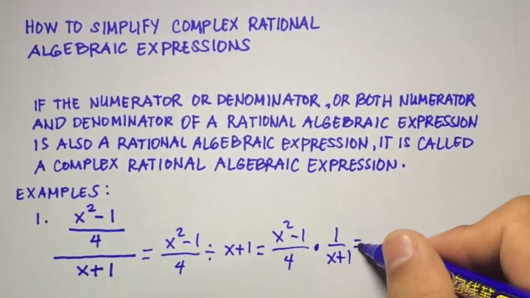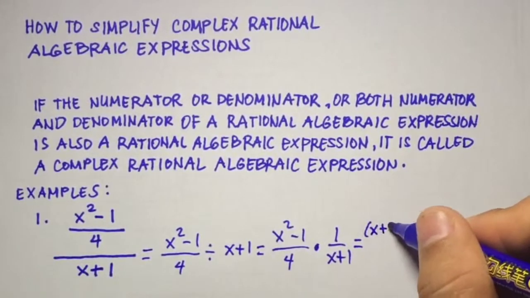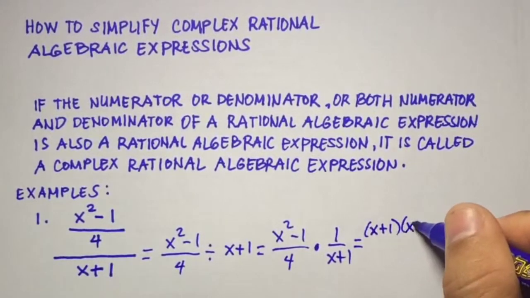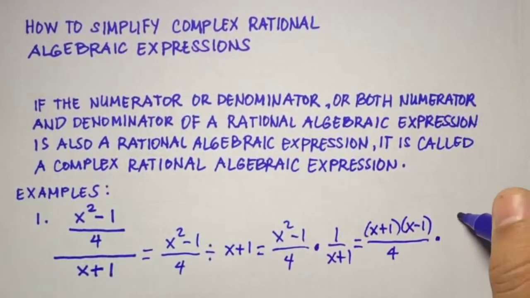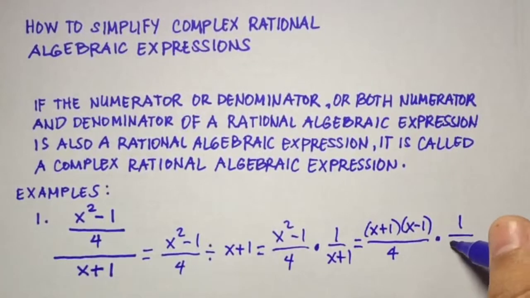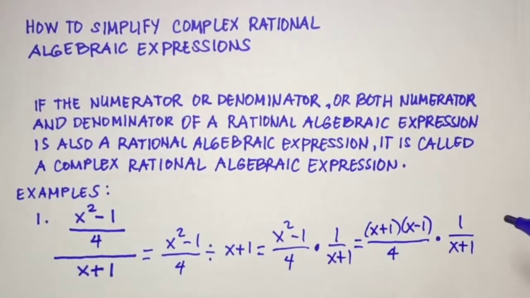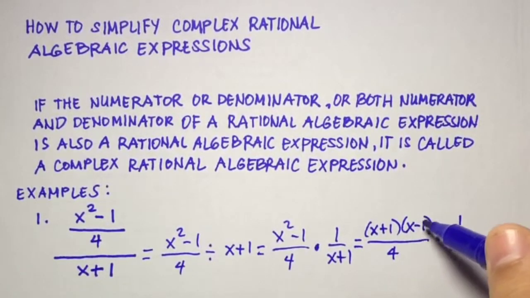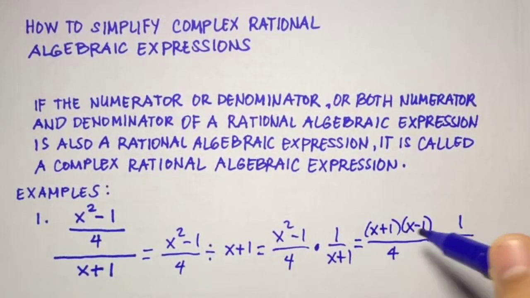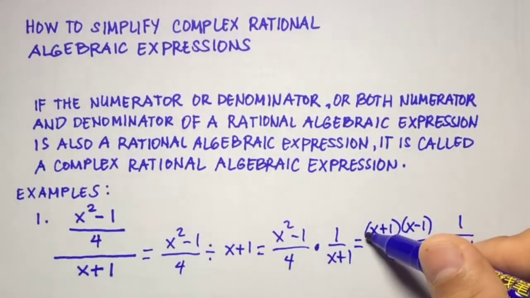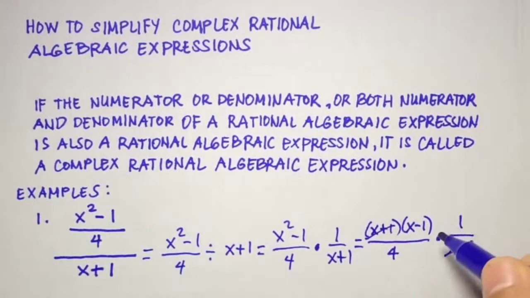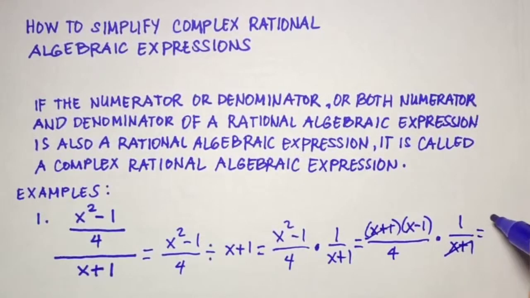That will be equal to the quantity (x plus 1) times the quantity (x minus 1) over 4, times 1 over x plus 1. Looking here, in the numerator we have x plus 1, and in the denominator we have x plus 1, so we can cancel these two. Multiplying, the result will be (x minus 1) over 4.